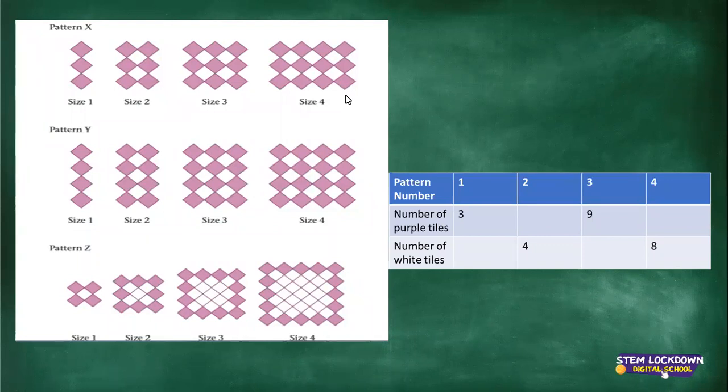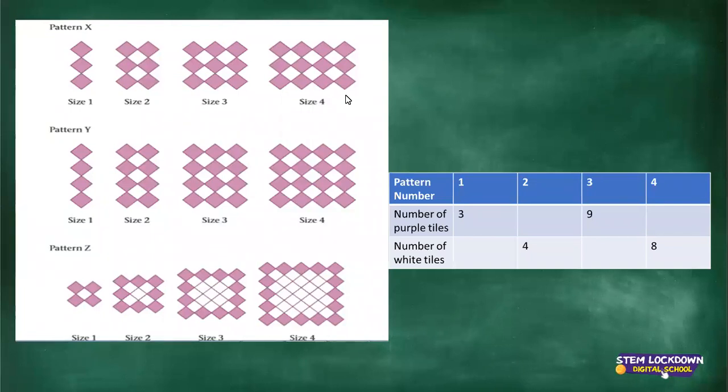On size 1, if you multiply by 3, your answer will be 3 because it will be 1 multiplied by 3. On size 2, it will be 2 multiplied by 3, and you have your 6. On size 3, it will be 3 multiplied by 3, you will have 9. And on size 4, 4 multiplied by 3, you will have your 12.